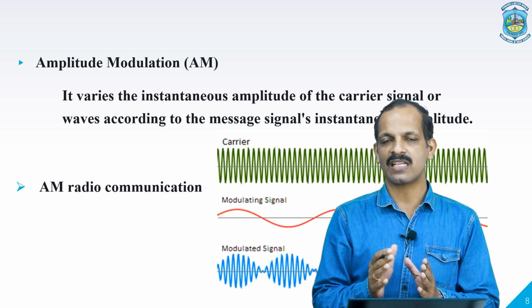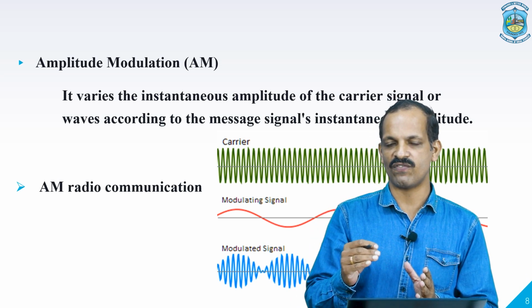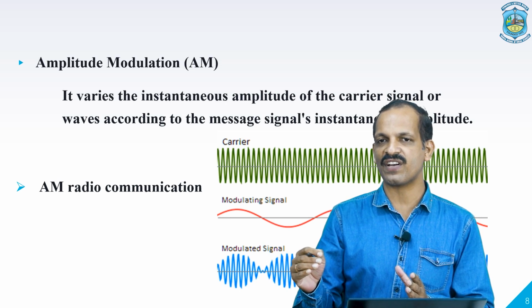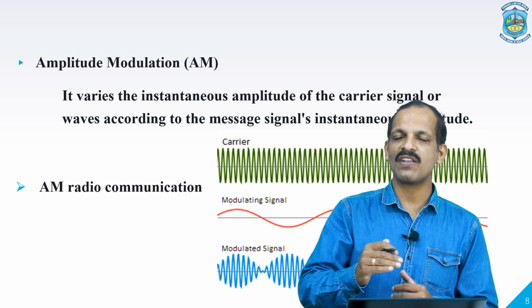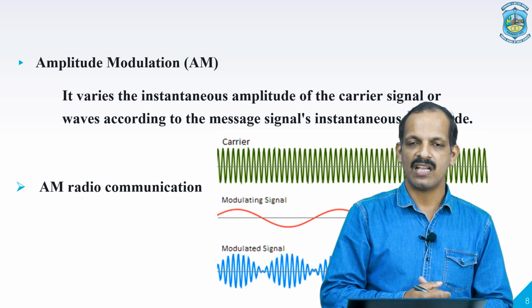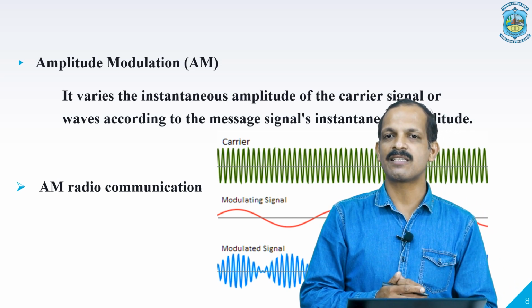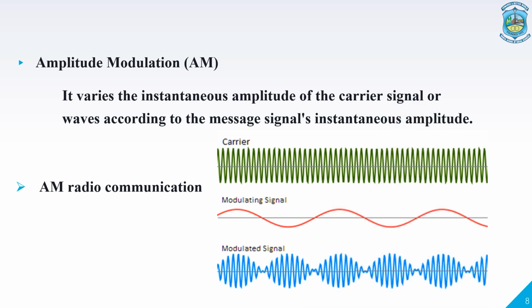The information signal is varying its amplitude in different time periods. With respect to that, we are changing the carrier signal's properties. In that way we are making a resultant signal. That process we call amplitude modulation.